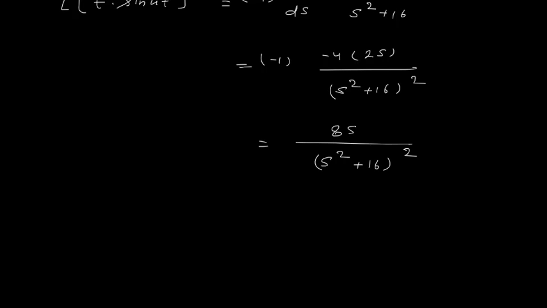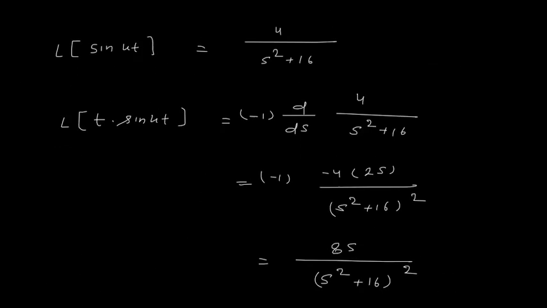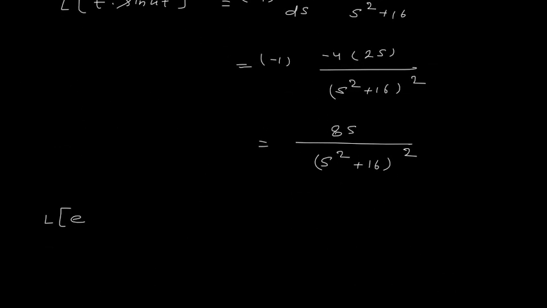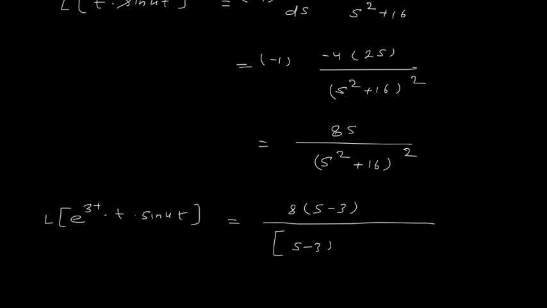Now Laplace of, I have to multiply by e power 3t, so e power 3t into t into sin 4t, this will become 8 into s minus 3 upon, here also s will replace by s minus 3 the whole square plus 16 the whole square.